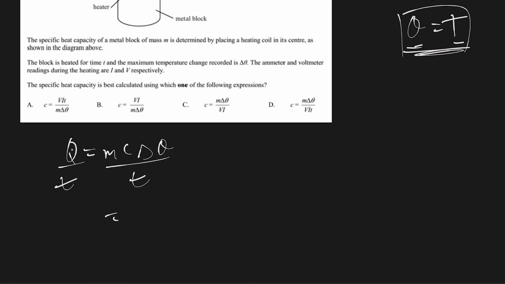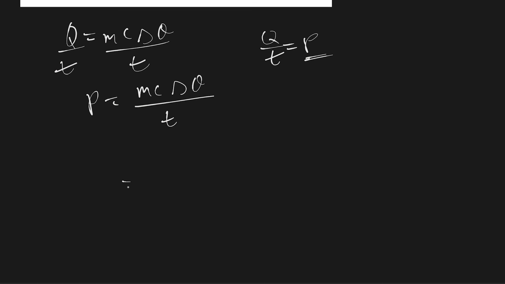So Q over t is just equal to P, which is power. So P is equal to mcΔθ all over t. And rearranging for c, we get c is equal to P times t all over mΔθ.